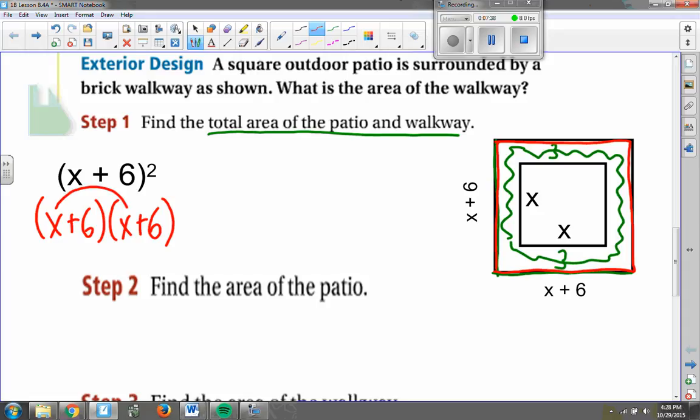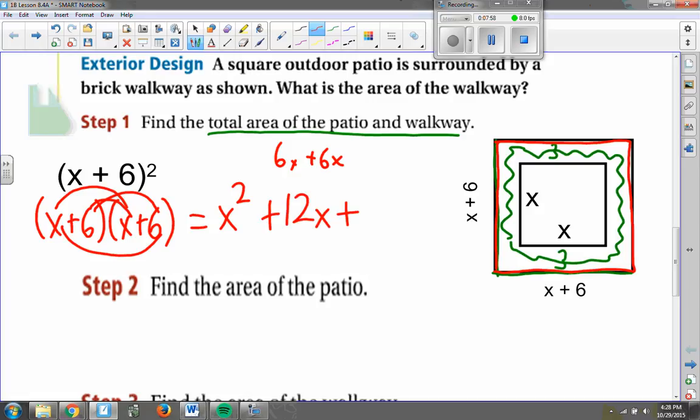So I will do first, outside, inside, last. And I will end up with first being x squared, outside being 6x, inside being 6x. I'm going to put those together right now and say 12x. And then 6 times 6 as my last is 36. Okay, so x squared plus 12x plus 36 is my total area.